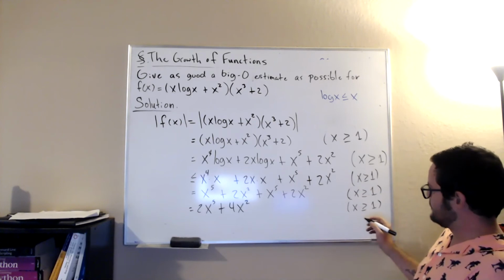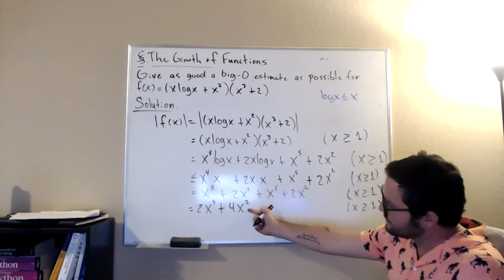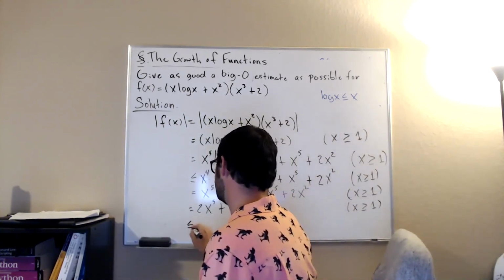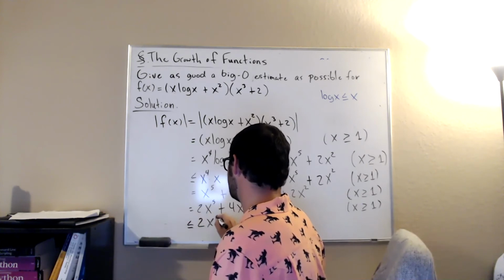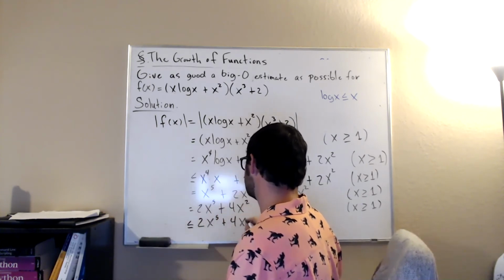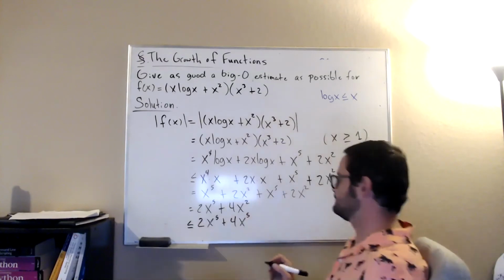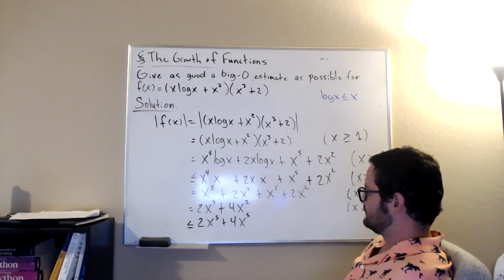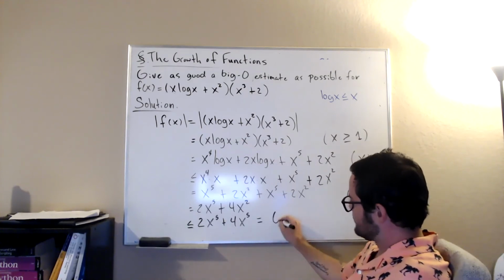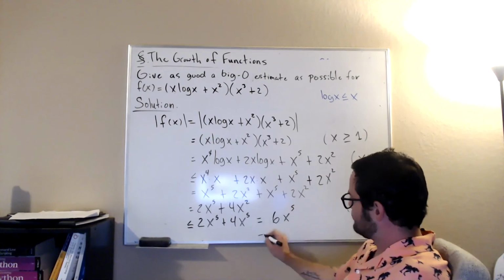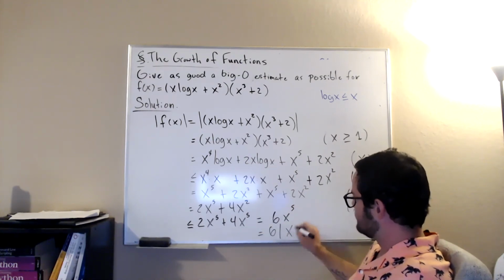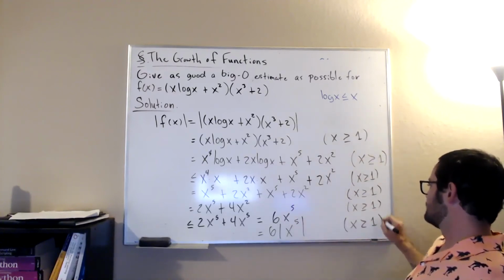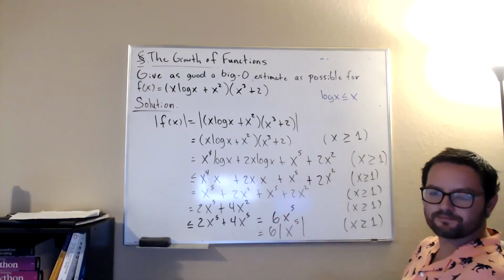But now, if x is greater than or equal to 1, then x squared is at most x to the power 5. So this is at most 2x to the power 5 plus 4 times x to the power 5. So, and then this is equal to 6x to the power 5, which is equal to 6 times the absolute value of x to the power 5. And again, this is whenever x is greater than or equal to 1, that we can establish these things here.